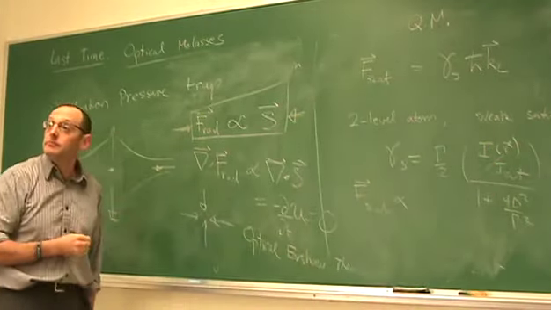All of its position dependence is in the intensity in the direction of the wave vector, which is proportional to this Poynting vector.